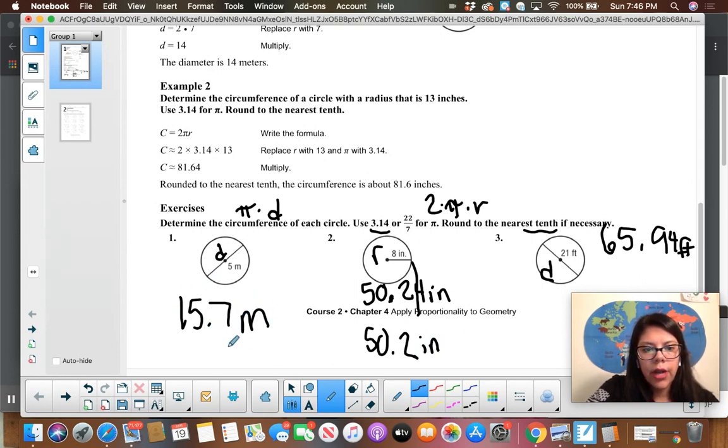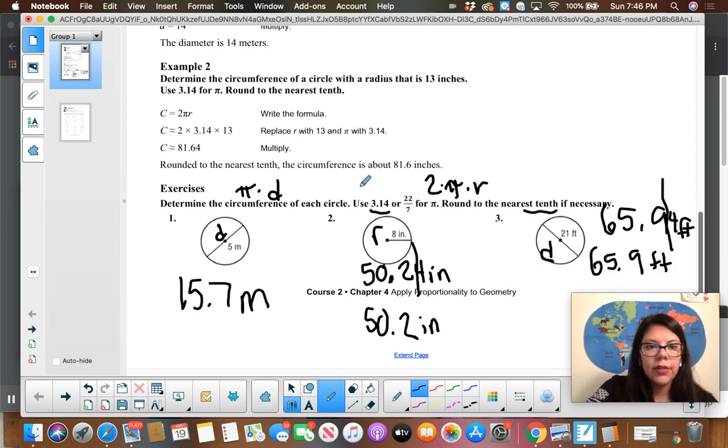There wasn't a number after the 7. But number 3, we can round. So we're going to cut it off right there. And it's going to be 65.9. It stays 9 because it's a 4. It's not 5 or more. So it stays 0.9.